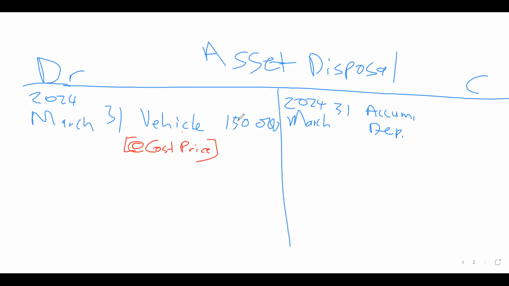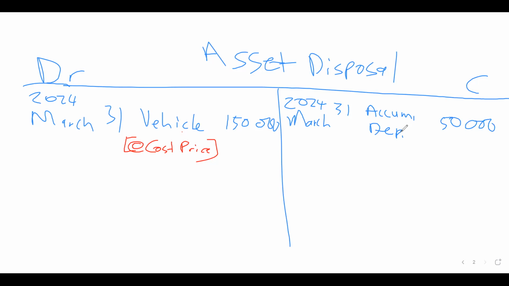Are we together? Yes. This accumulated depreciation you are seeing, it's all the depreciation that has been factored into account with regards to that vehicle. So maybe let's assume it was 50,000 rands. All right, then you put it like that.